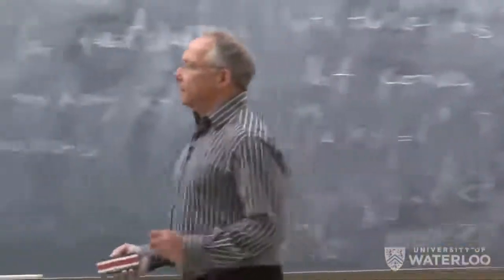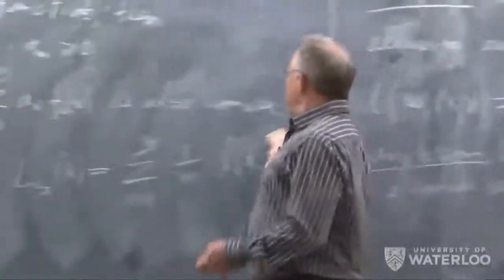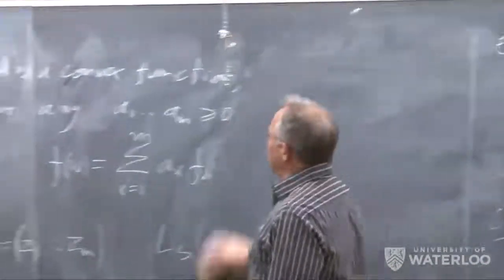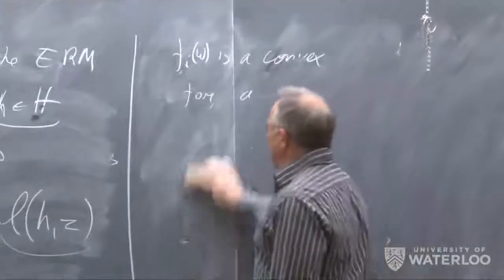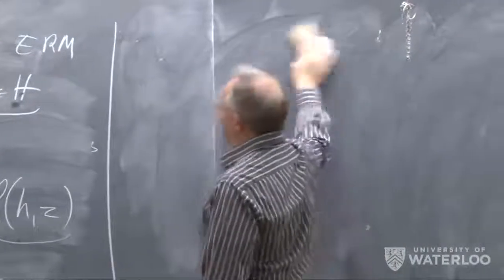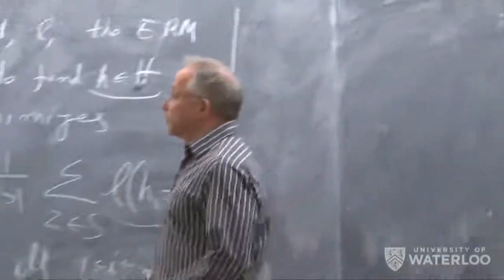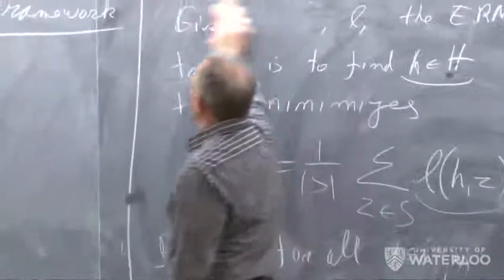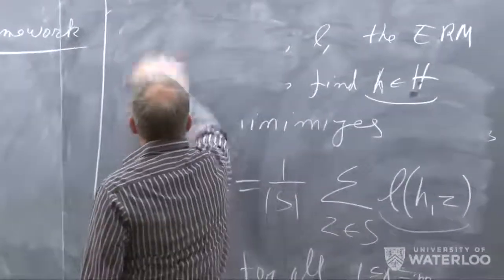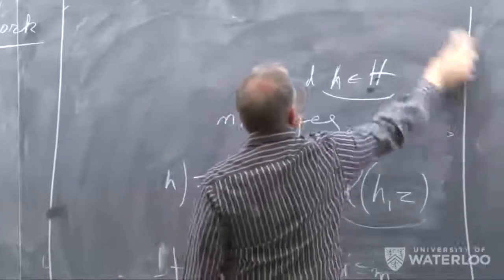So this function, we already suspect that it's not a convex function and that the ERM task is not convex. Let me just show you an example of why, indeed, the ERM is not convex for learning half spaces.